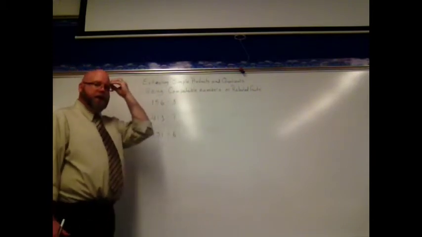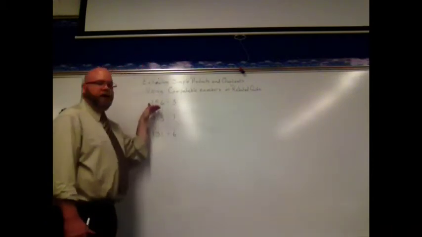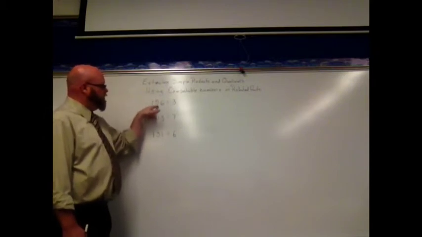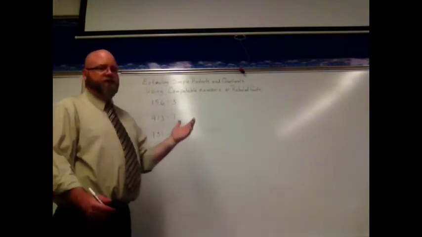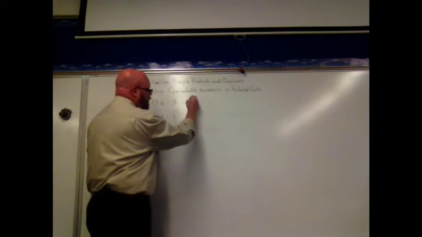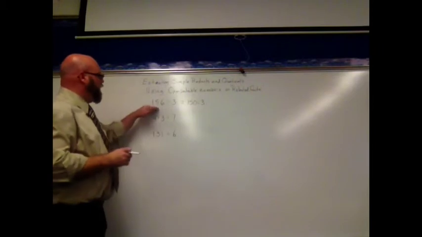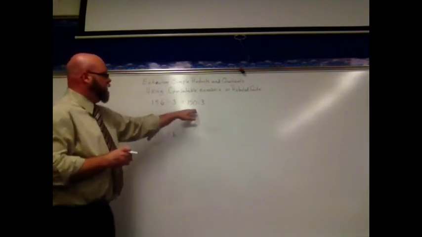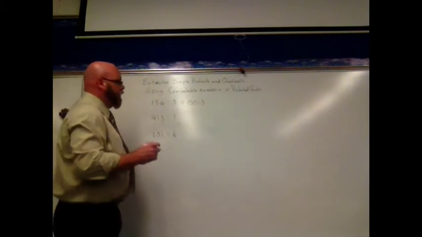I have to think in my head, what's a math fact that I know that I can do this by? Well, I can look here at the first digits, 1, 5. 3 times 5 is 15, so I would think that 150 divided by 3 is going to be really close to 156 divided by 3. 15 divided by 3 is 5, so 150 divided by 3 is going to be 50.